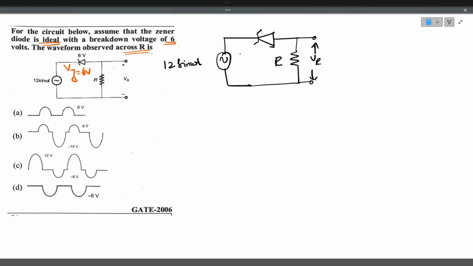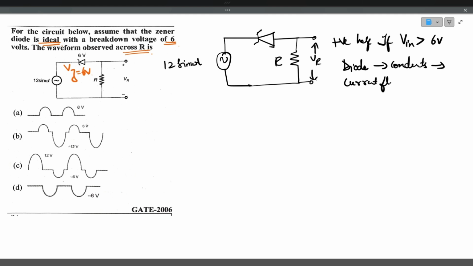During the positive half cycle, if the input voltage is greater than 6 volts, the diode enters the breakdown region and conducts. Current flows through the resistance, so there will be an output voltage drop.